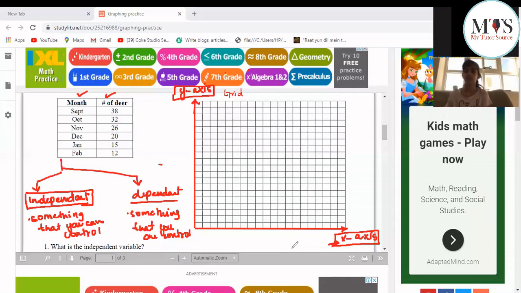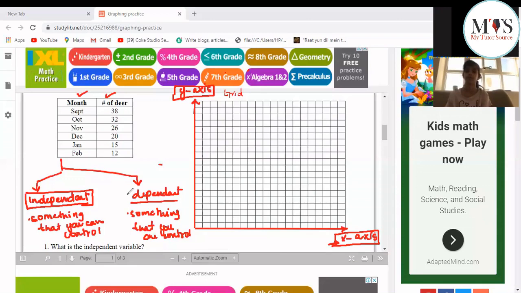No. Okay. So whatever is independent is going to be plotted on the x-axis, and whatever is dependent is going to be plotted on the y-axis. Yes.